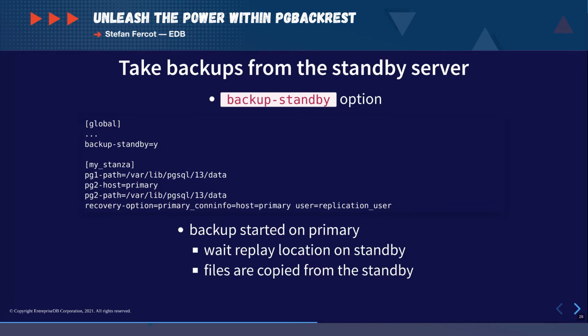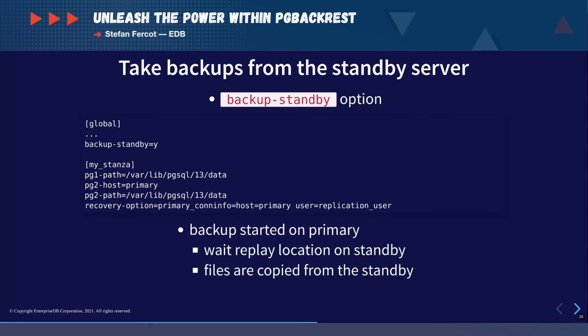And you get a dedicated backup server. Defining your Postgres nodes, pg1, pg2, pg3 there, and you want to backup from standby. You won't even have to change your configuration in case of failover, because if the standby is promoted, it will no longer take backups from there, but from another node.